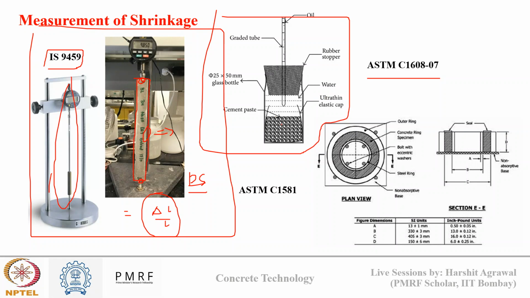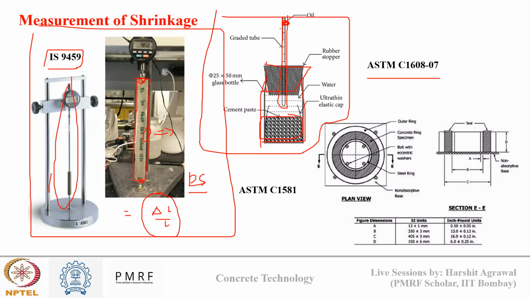Here you can see there is a sealed sample. This is my cement paste, and this is my tube, some glass beaker or tube, over which a rubber cork is fitted, and there is one capillary tube passed through this cork, and at the top of the capillary tube I have oil, so that there is no moisture evaporation due to temperature outside.